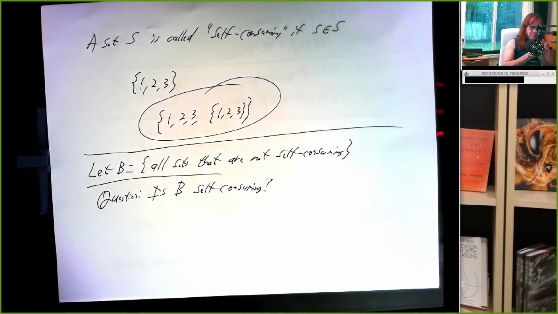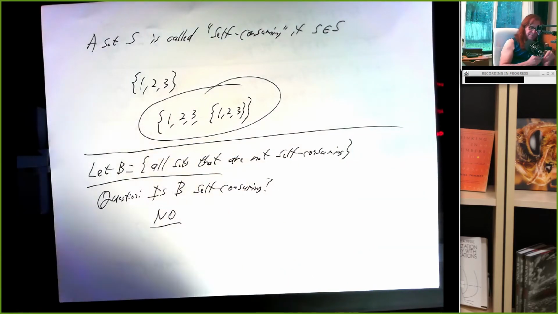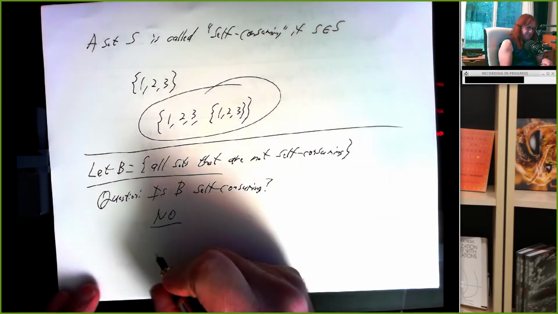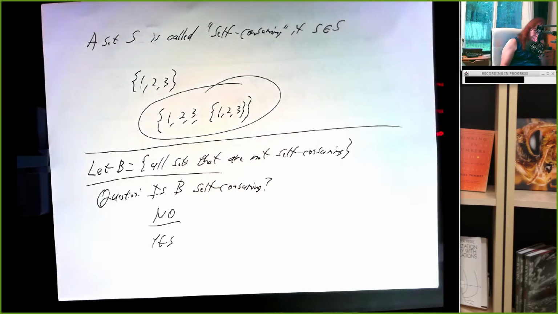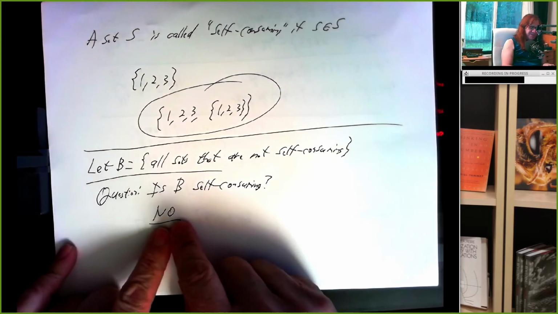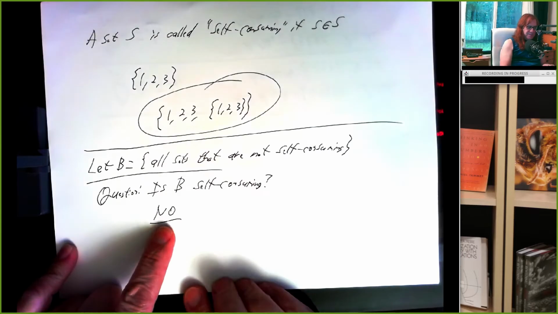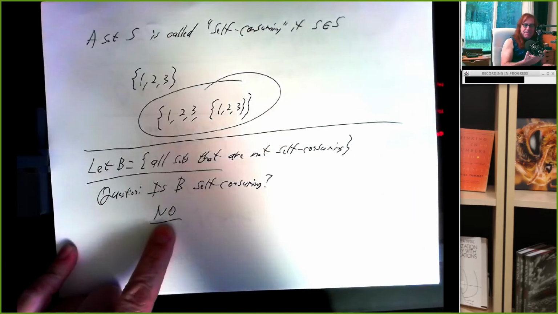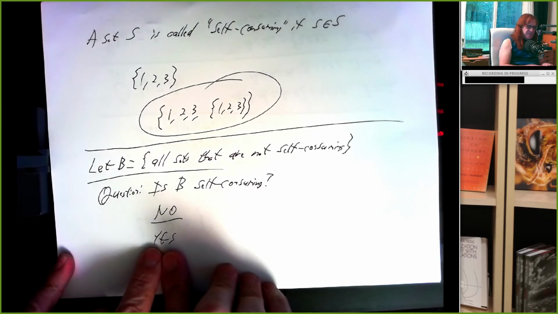No, because if it did... That hurts my brain, because I would say yes, because if B is the sum of all sets, then we would have to include B within that set, wouldn't we? So if B is a set of all sets that are not self-consuming, and B is not self-consuming, then B should be included in here. But if B is included in B, then B is self-consuming. So the answer must be yes, B is self-consuming.